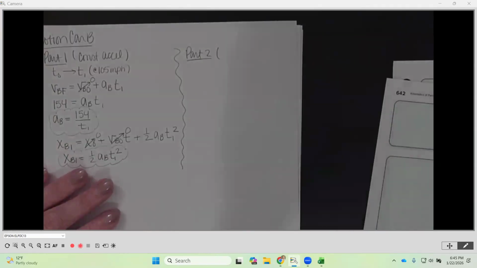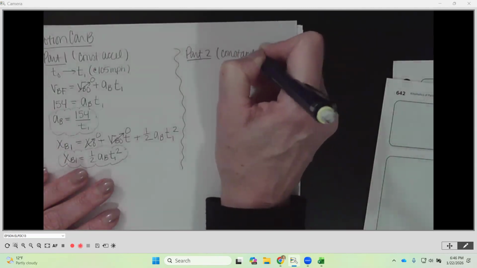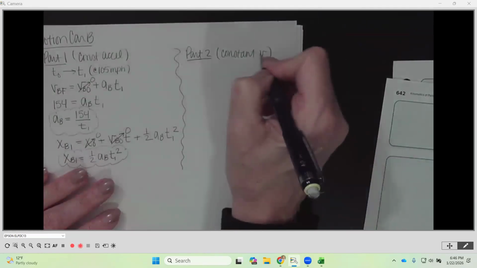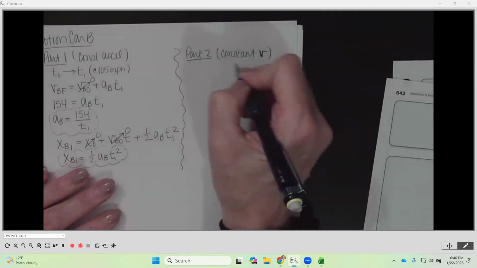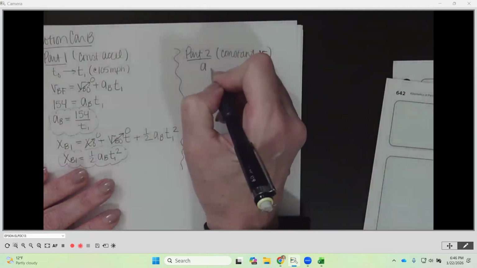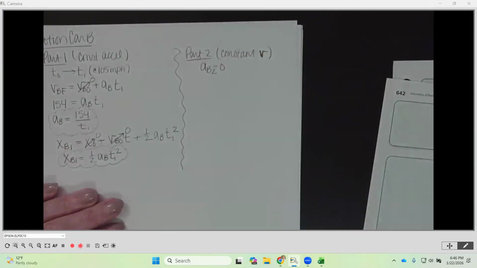So what that means is part two is constant velocity, right? Constant velocity. So our acceleration B2 is equal to 0. All right, there is no acceleration after the police officer gets to 105.